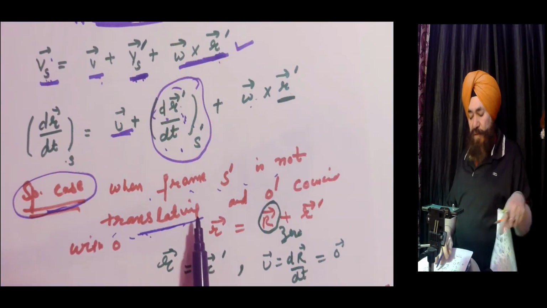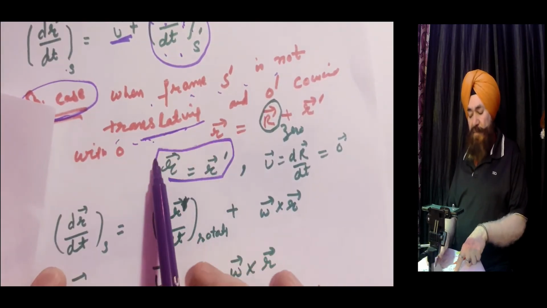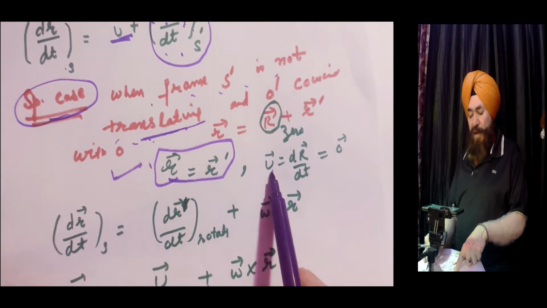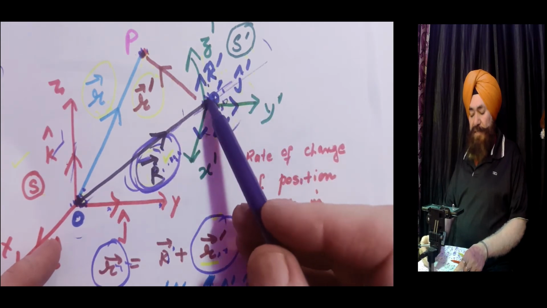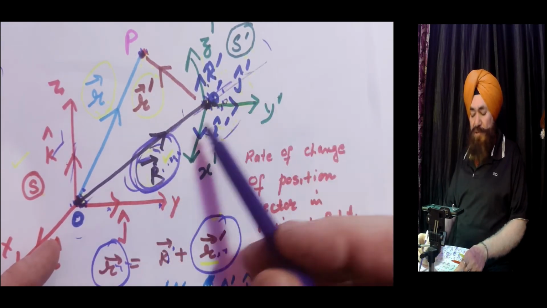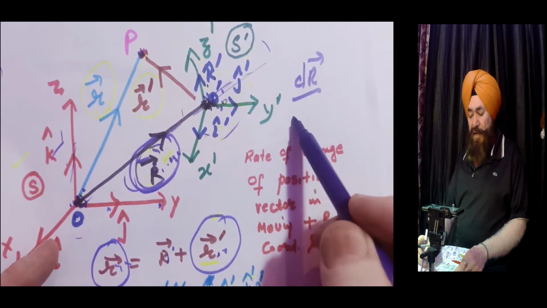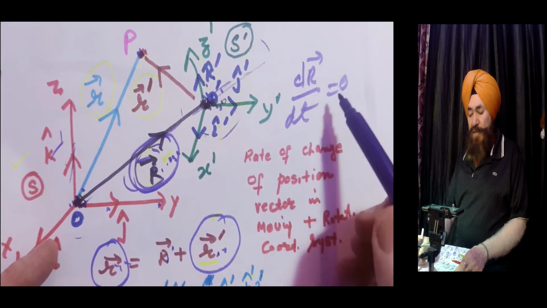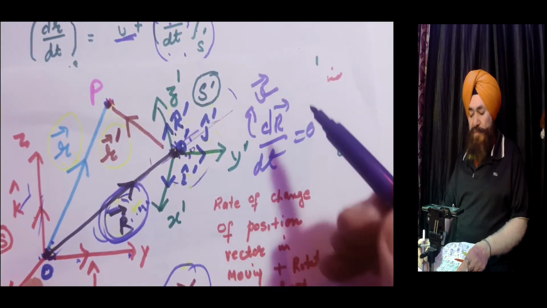So r vector and r dash vector become the same. And second, the translatory velocity of the rotating frame, which is dR upon dt and denoted by small v, also turns out to be 0.